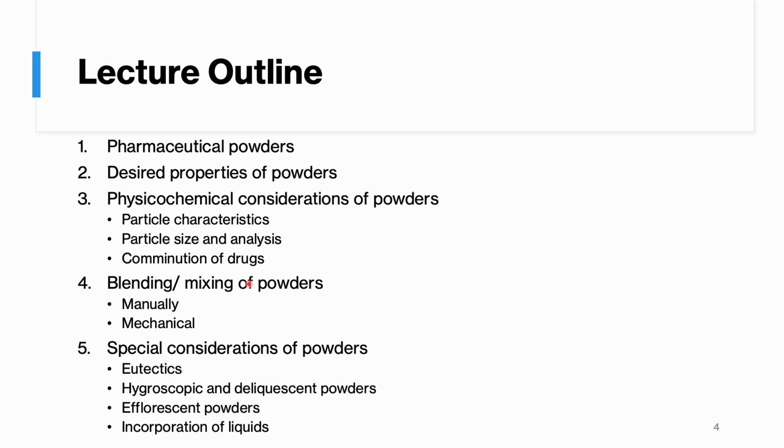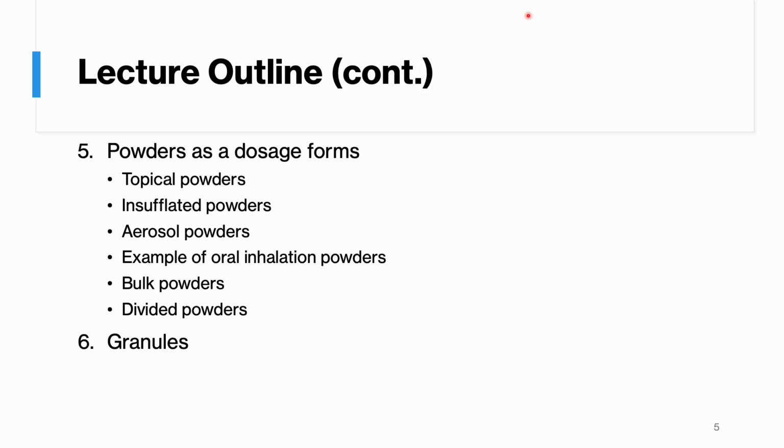Under blending and mixing, it can be done by manual or mechanical methods. For special considerations of powders, there are some special types of powders we will learn about: eutectics, hygroscopic and deliquescent powders, efflorescent powders, and how to incorporate powders into liquids.